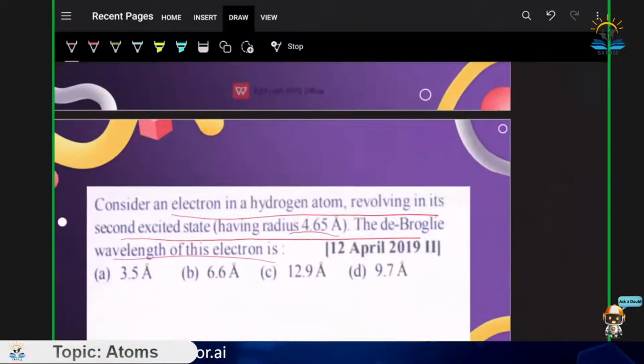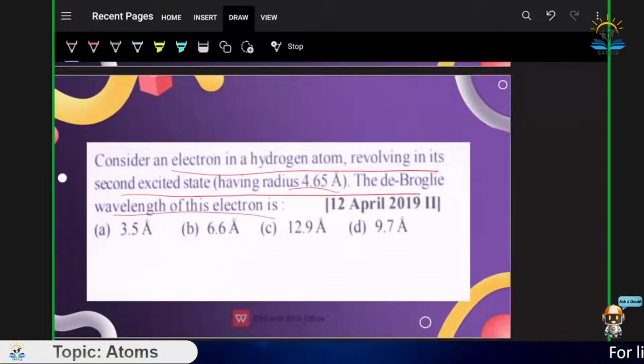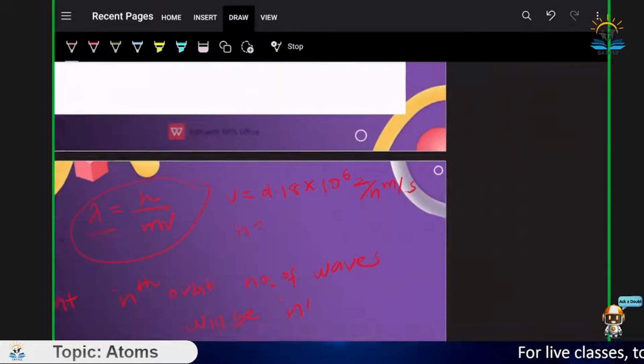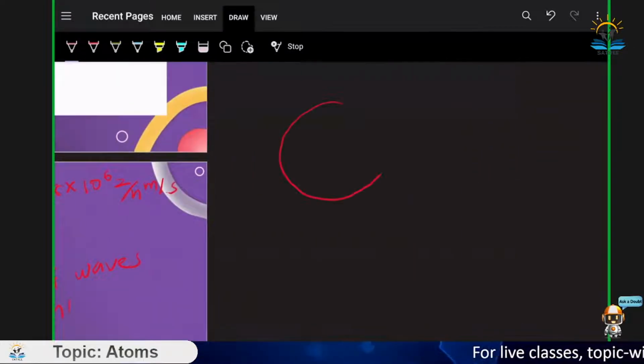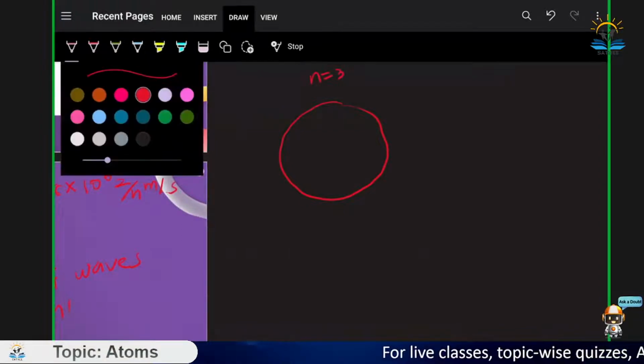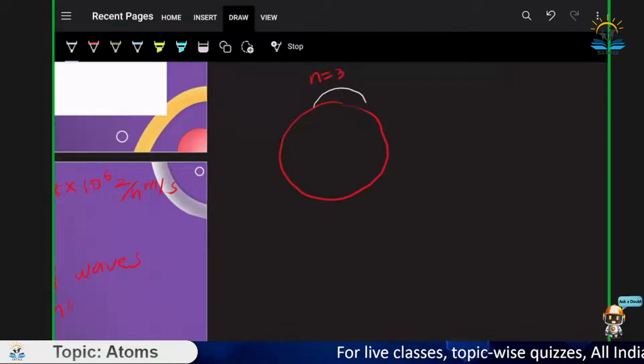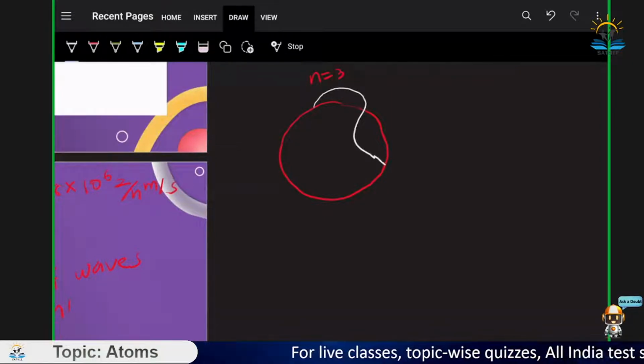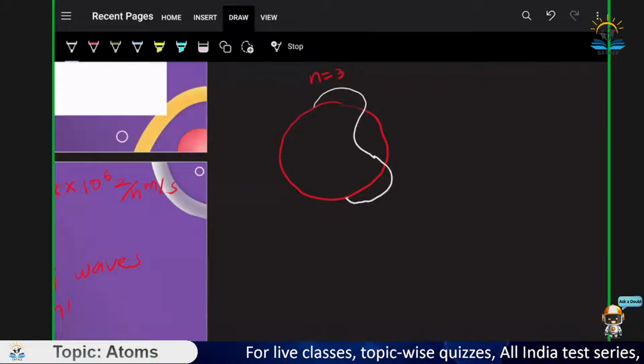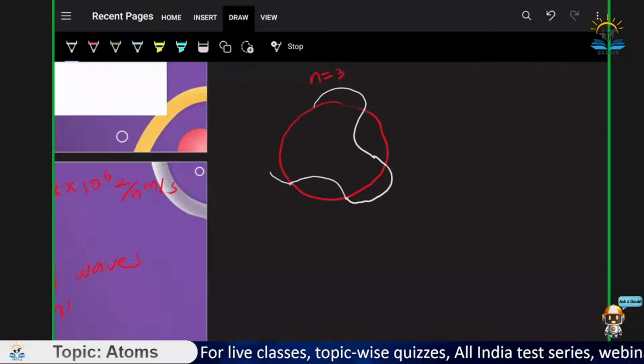Here it says the electron is revolving in its second excited state. Second excited state means n equal to 3. At n equal to 3, there are 3 waves.